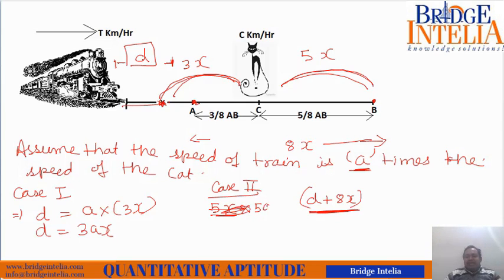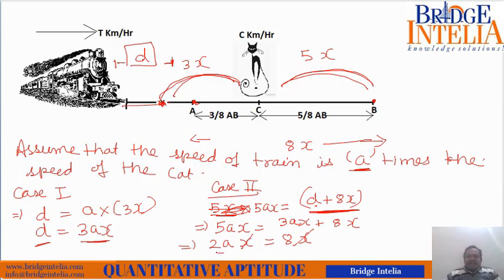So I can write 5ax is equal to D plus 8x. Now instead of D we can write 3ax. So replace this D with 3ax. So 5ax is equal to 3ax plus 8x. Now bring this 3ax to this side. So 2ax is equal to 8x. Now cancel x. A is equal to 4.